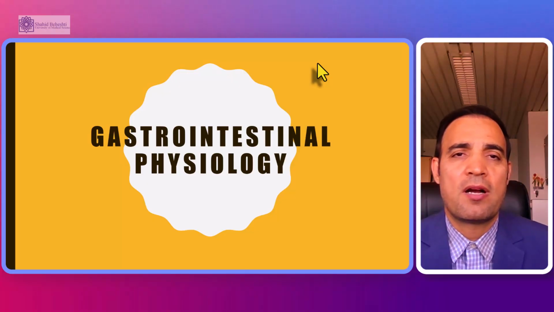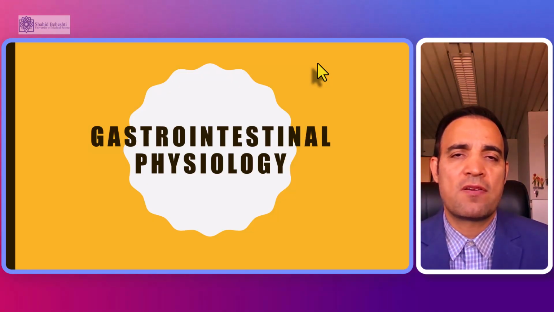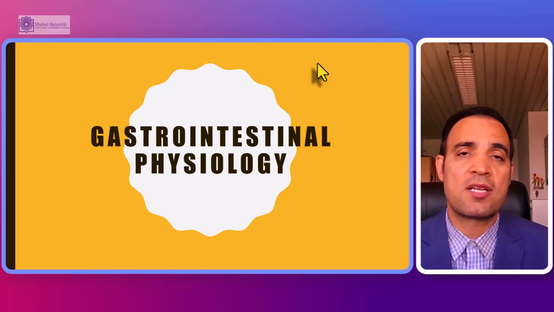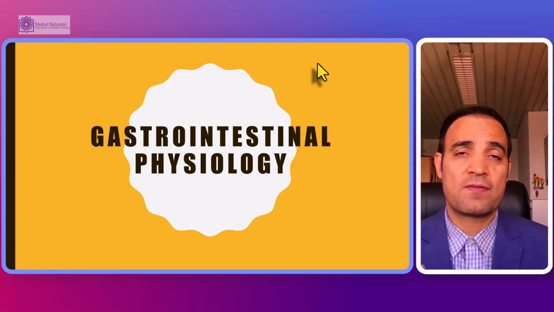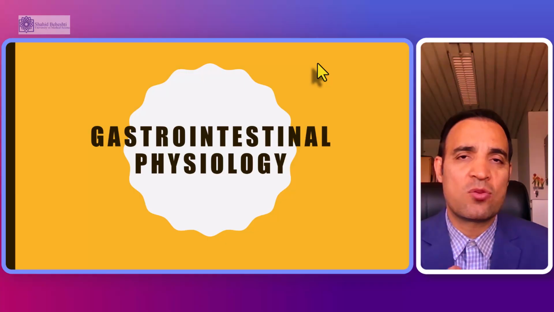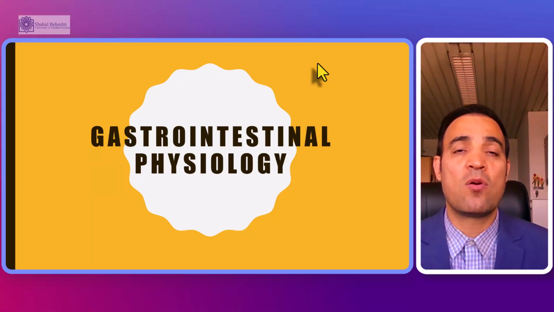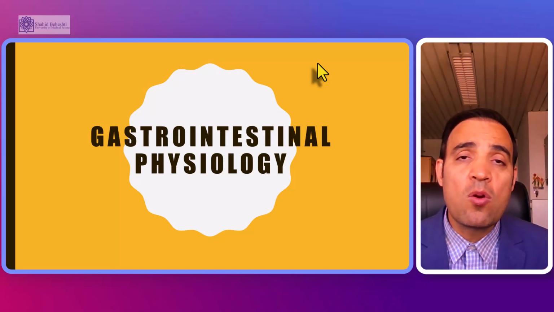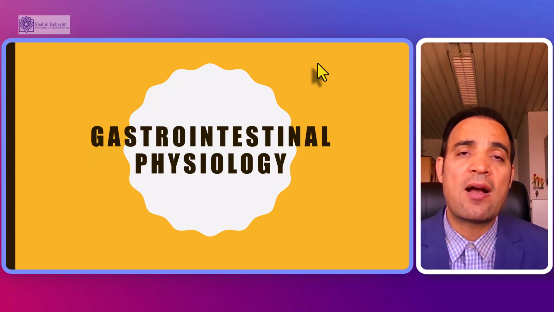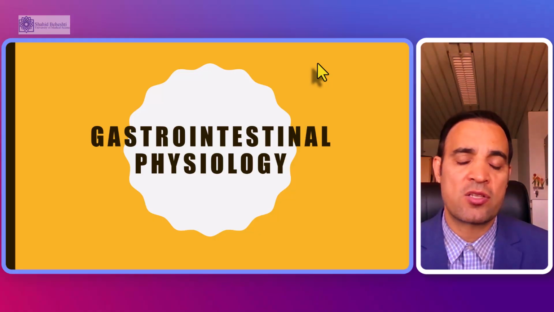If you remember, we were talking about the physiology of the gastrointestinal system, and I told you that the gastrointestinal system is not just limited to absorption and digestion. Absorption and digestion need some preliminary steps to be done correctly, and also the regulatory mechanisms to be correctly done in order to allow the absorption and digestion to happen.